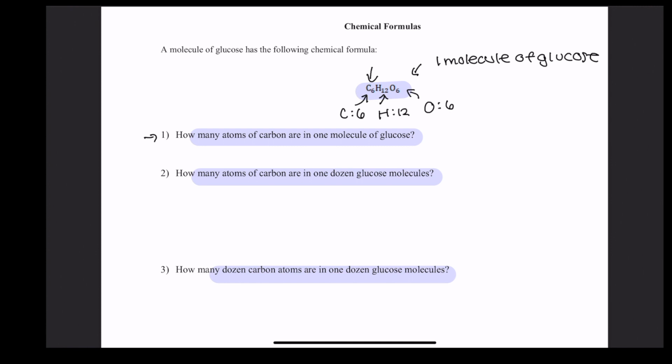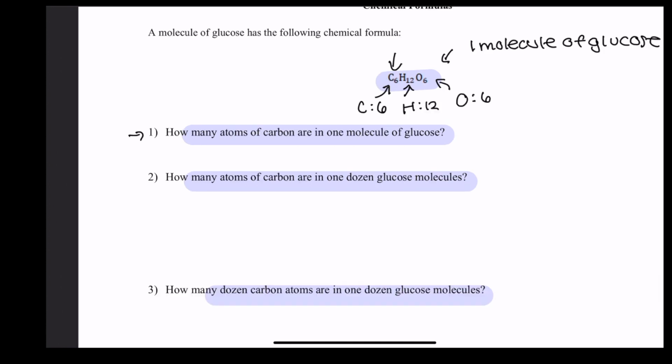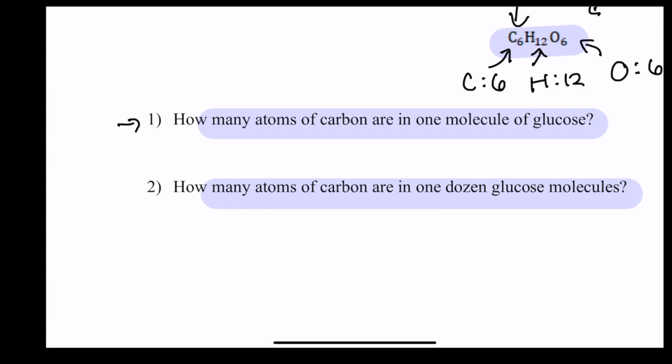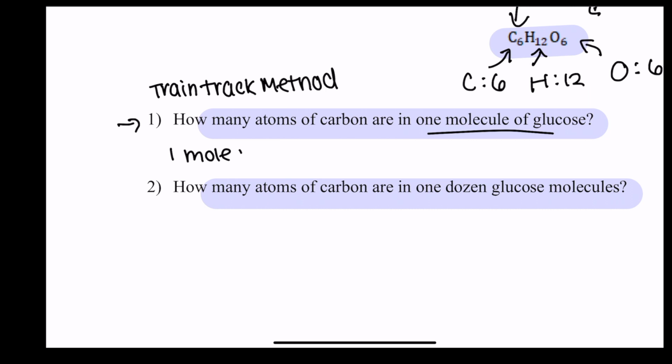The way we're going to do this is a train track method, and we're going to use it for all of these questions. We start with one molecule of glucose.